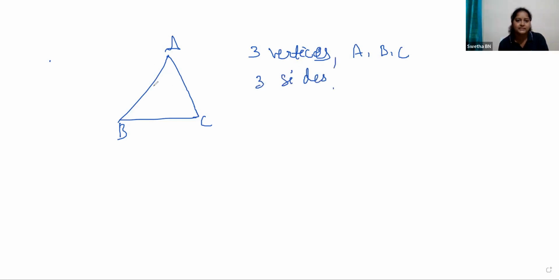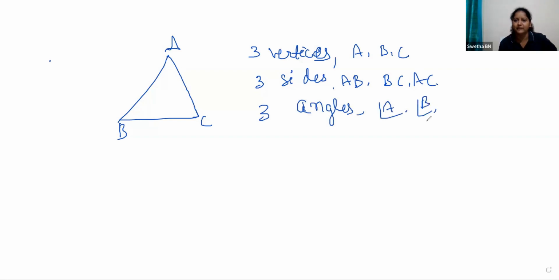Which are the three sides? AB is one side, AB and BC and AC. These are the three sides. And three angles. Which are the three angles? Angle A, angle B and angle C. So these are the elements of a triangle.